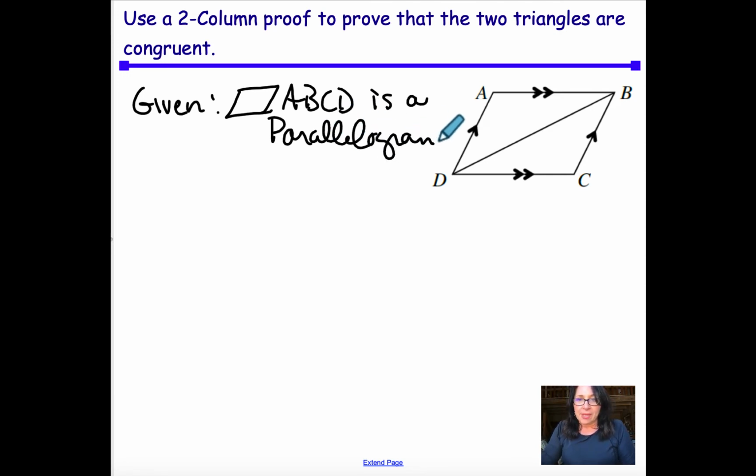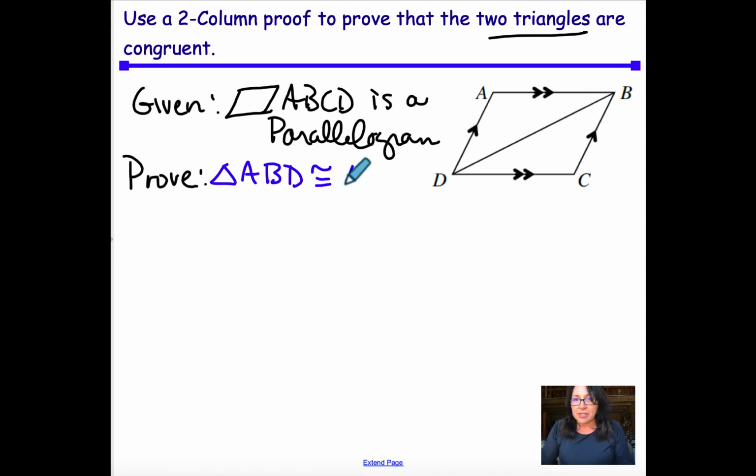So for me to prove that the 2 triangles are congruent, you're going to write out the triangles that you want to be congruent. So I would say triangle ABD is congruent to triangle, we're going to go with CDB.